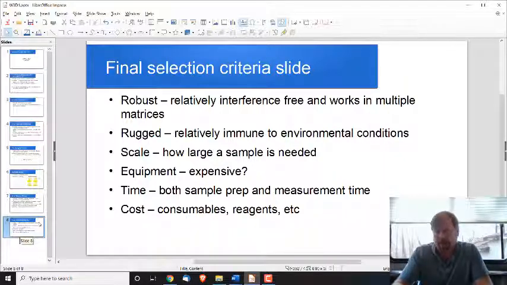You need to remember the sample preparation. Some methods you've got to dry the sample, which can take quite a while. If you're measuring metals content in a plant material, for example, you're going to need to dry it. You're going to need to digest the sample in nitric acid. So you've got 8 to 12 hours to dry it probably.